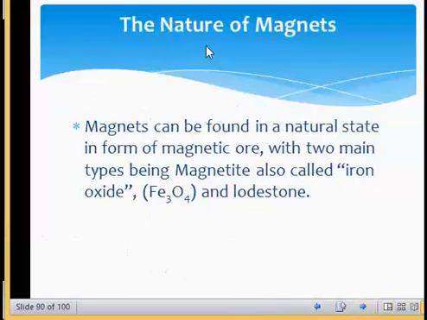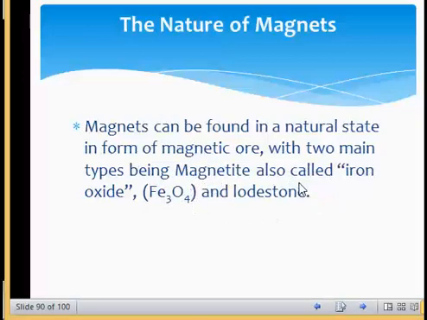So now let's look at the nature of magnets. Magnets can be found in a natural state in the form of magnetic ore, with two main types being magnetite, also known as iron oxide. Okay, so this is the formula, right? Naturally, magnet exists as iron oxide, and the generic name is magnetite.